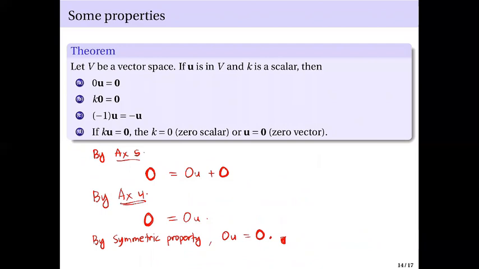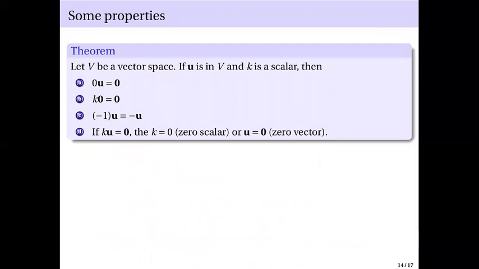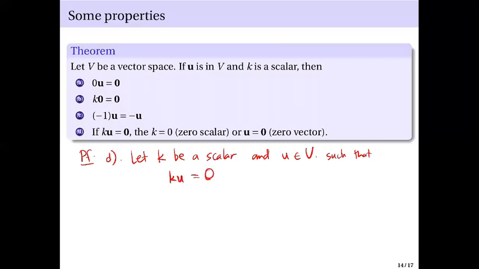Let's prove letter D. So in here, we let K be a scalar, and U be a vector in V, such that Ku is equal to the vector 0.